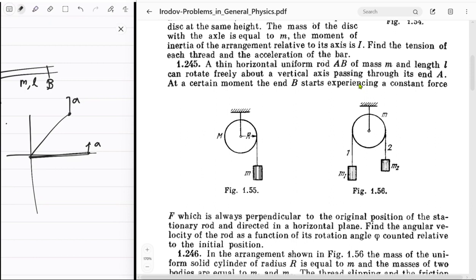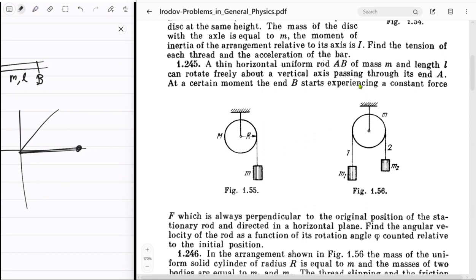Find the angular velocity of the rod as a function of its rotation angle phi, counted relative to the initial position. This is weird. Once again, I don't know what's happening. And just B feels the, maybe it's like this. Okay, maybe you got something like this. So you got a charge at this end, and you got a constant field or something like that.